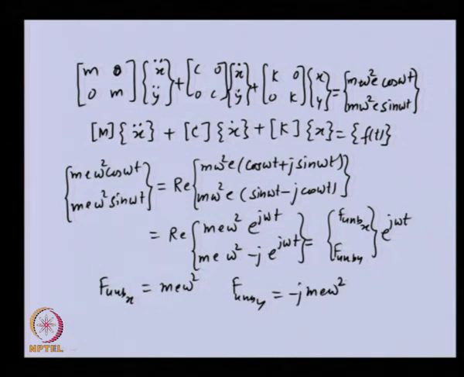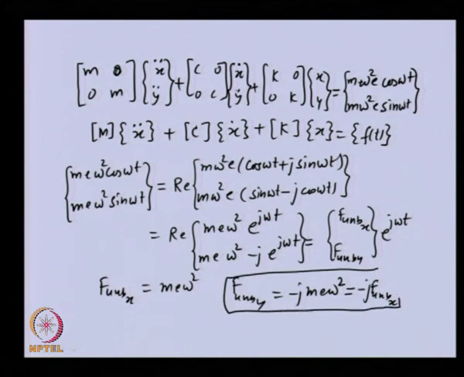Now, you can see that this is nothing but minus j into f unbalance in x direction. So, we have this relation.